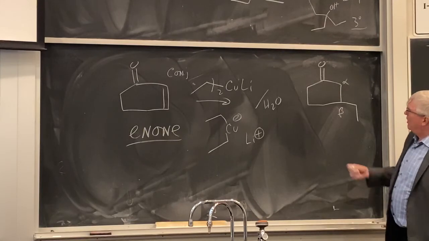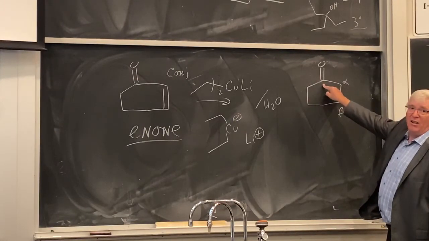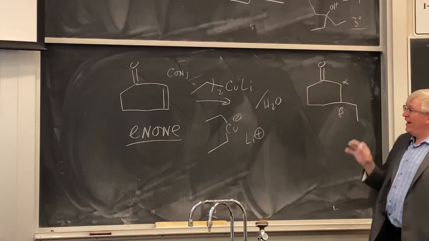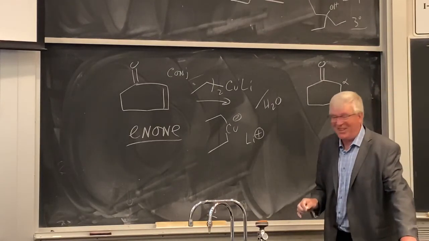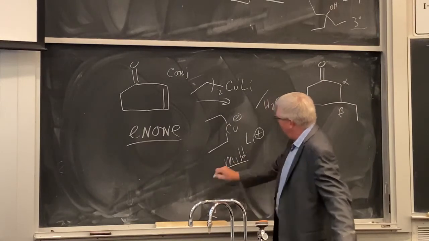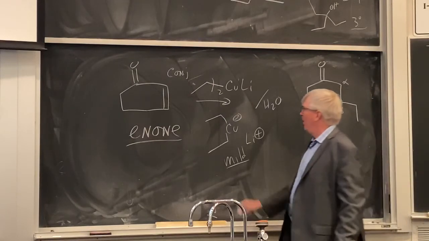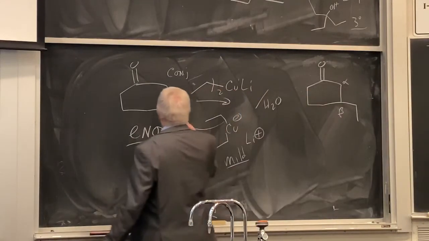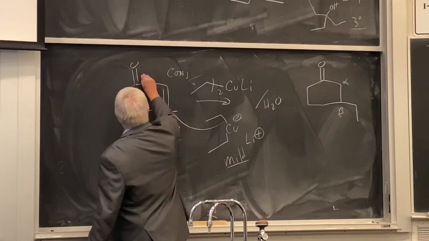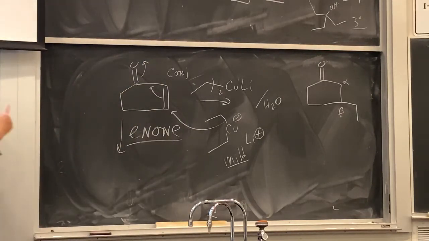And the reactivity is such that, well, even if we had excess cuprate, look, we're not adding to the ketone here. We're just adding to the enone. And at the beta position, after all, too. Like I said, these are milder reagents. So we'll have to account for that attenuated reactivity. But what can we do here? Well, let's have one of our alkyl groups come off and add to this position and push the electrons all the way through the conjugation system of the enone, okay, like that.